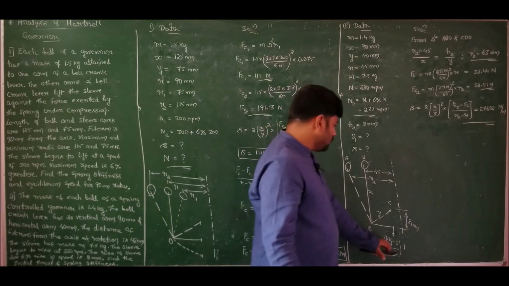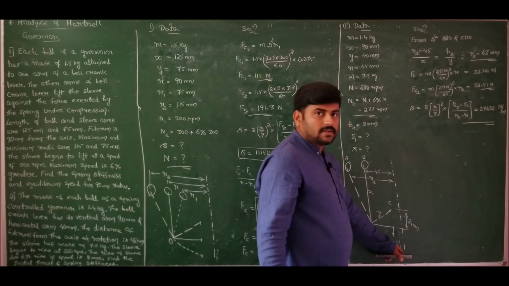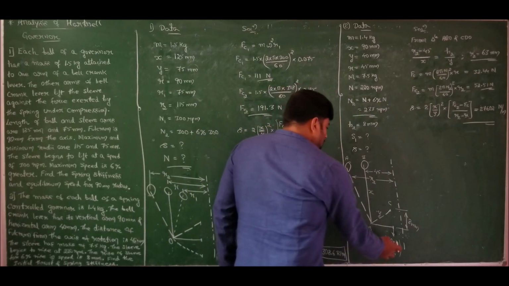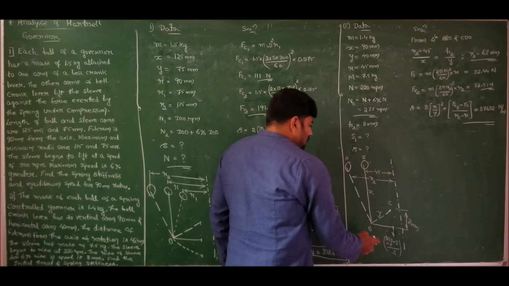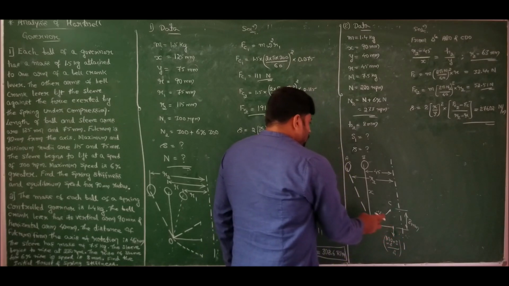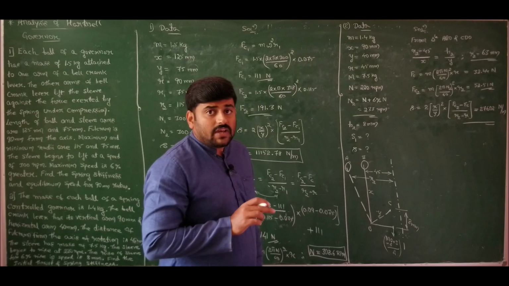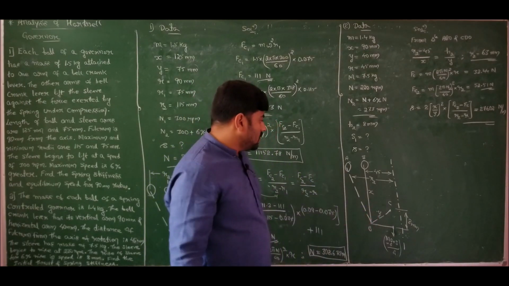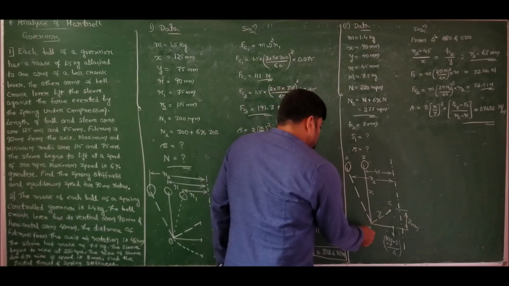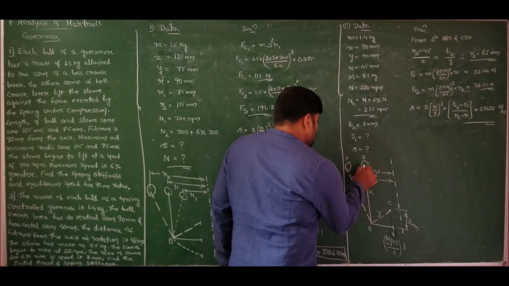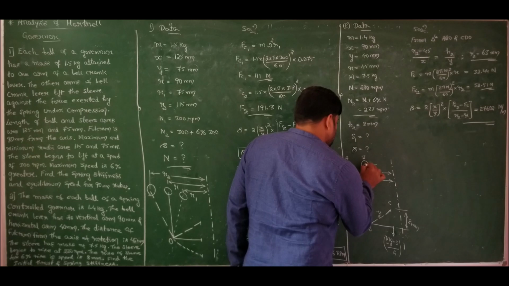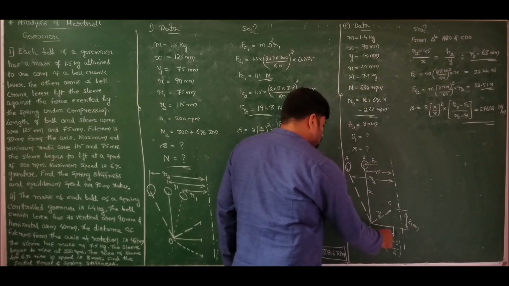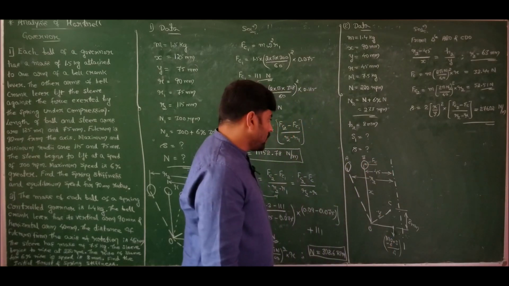Now I want to find the spring force exerted. It is in mean position, so we are neglecting the obliquity effect and the effect of ball mass on spring force. Therefore, if I take moment about point O, I refer with only force here, that is Fc, and force here mg plus s by 2.